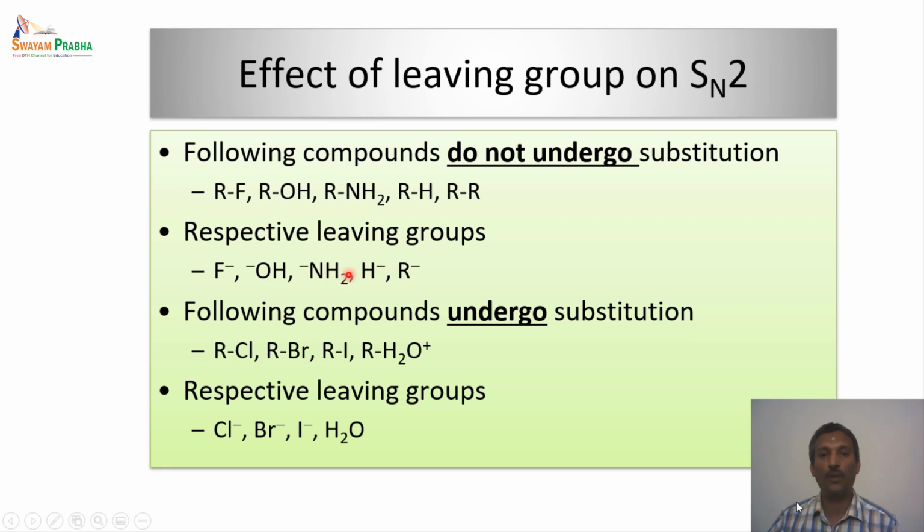Whereas these compounds undergo substitution very easily because the respective leaving groups are chlorides, bromides or iodides. These are very easy leaving groups, so these compounds undergo substitution more effectively.